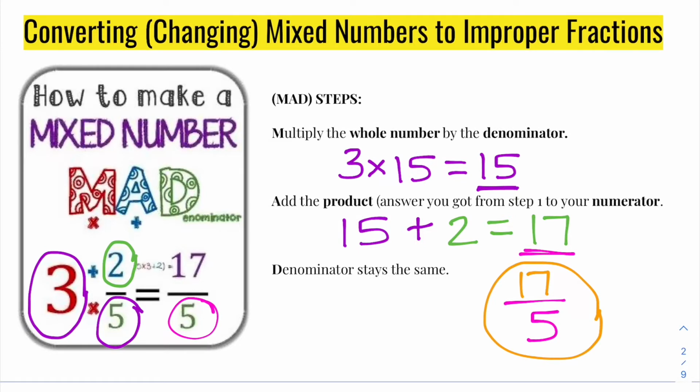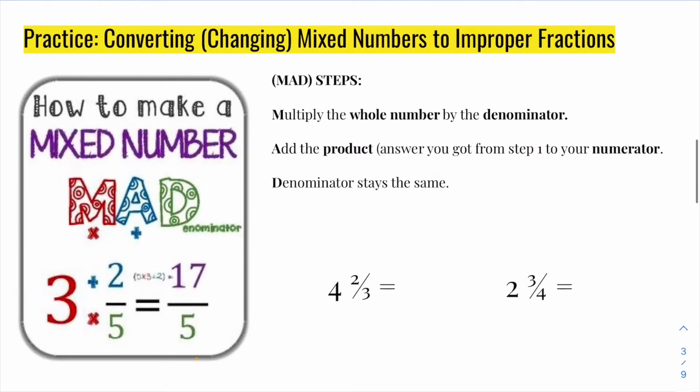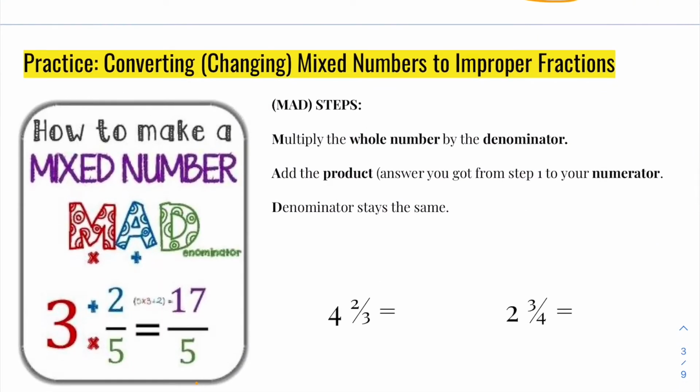All right. Now let's practice converting or changing mixed numbers to improper fractions. To start off, we will be looking at 4 2/3. And the first step in the MAD strategy is to multiply the whole number by the denominator. What are my whole number and my denominator?